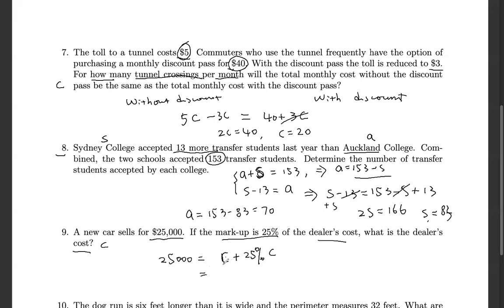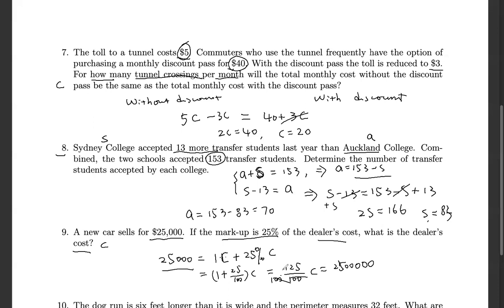So now I can think of this as 1C, right? So that basically says 1 plus 25% times C, which is 125 over 100 C. So that equals 25,000. Let's multiply 100 on both sides, just add 2 zeros.